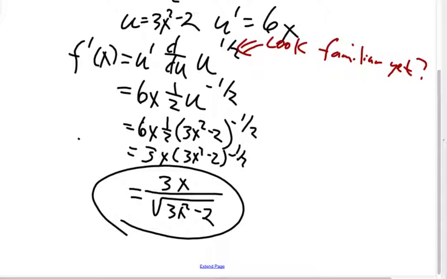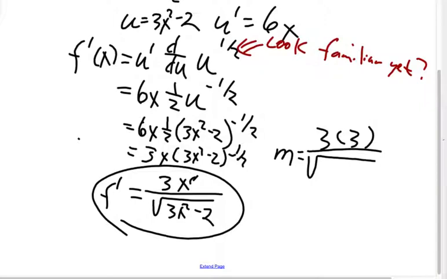All right? Now, remember we're trying to find the equation. That's just my derivative, so my slope. As I come back in and plug my x1 in, x1 is 3, so it's going to be 3 times 3 over the square root of 3 times 9, 3 squared, minus 2.